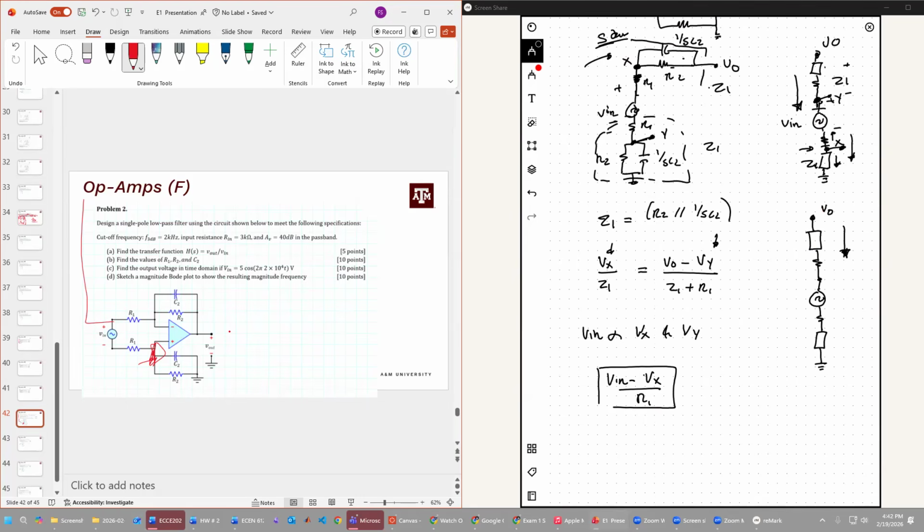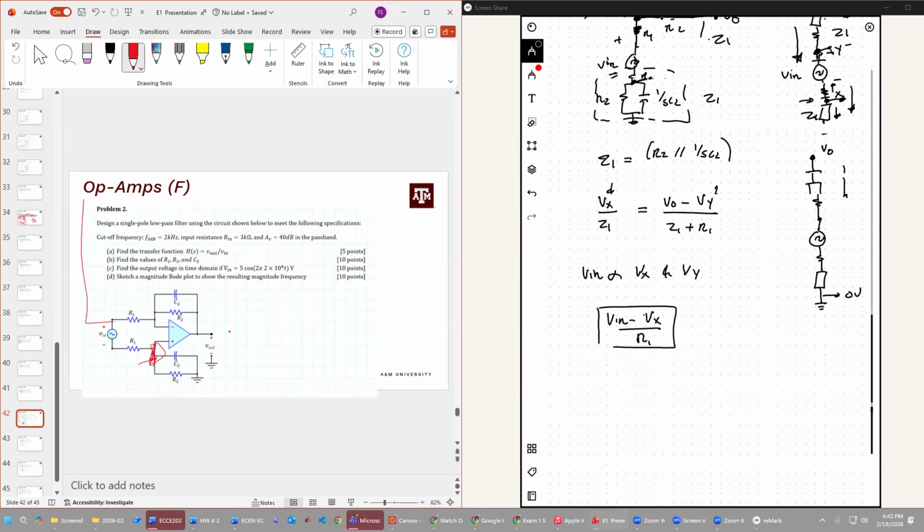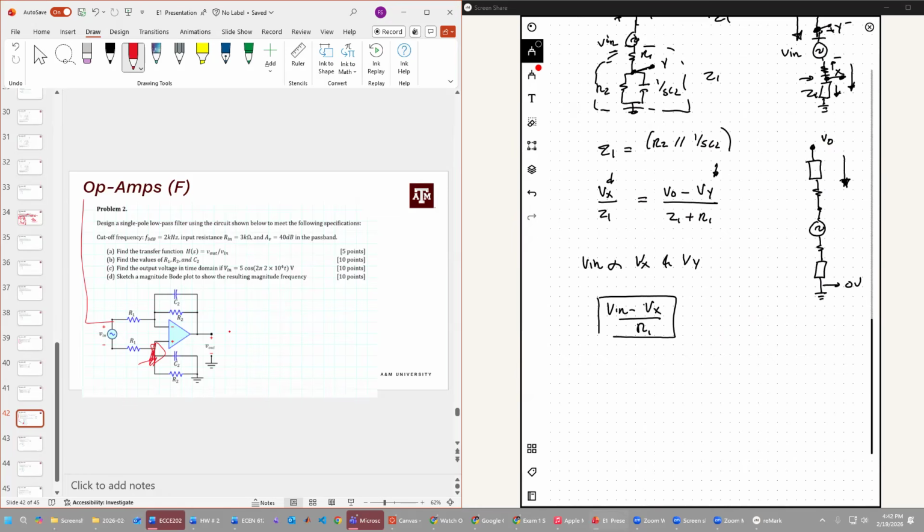Because this is ground, we can actually define this all at once in terms of the current instead of the voltage. So we can say that, I have to think about this though. Yeah, this is Vn. Well, okay, the voltage drop across this is Vn.